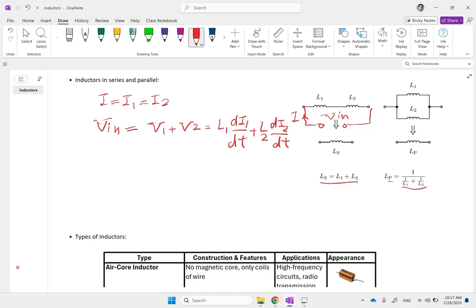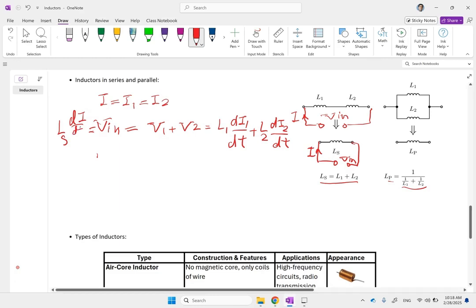Now, if I replace them with an equivalent, this V in is simply going to be L series, the L equivalent, di over dt.